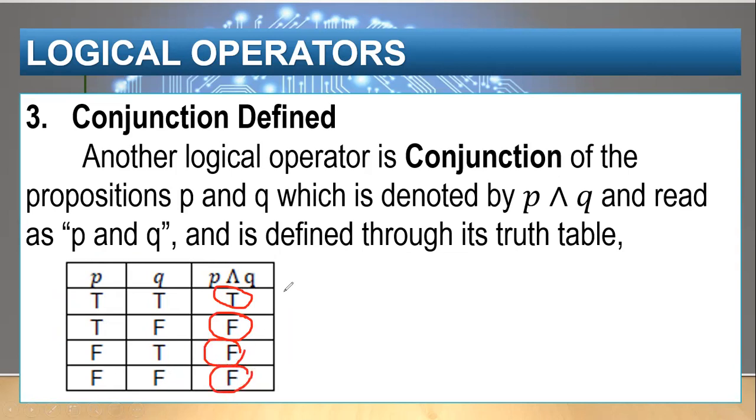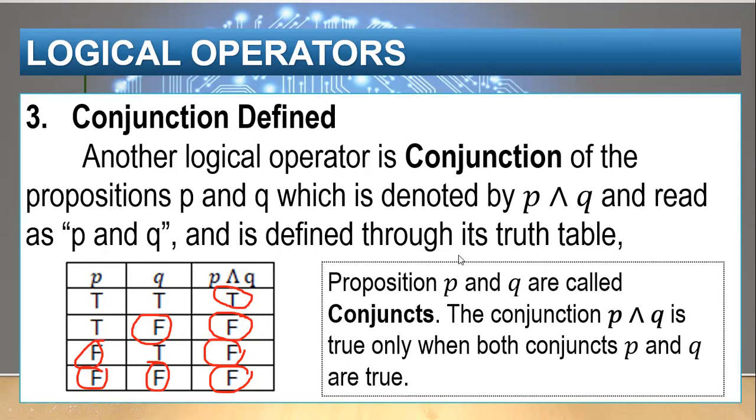So kung mapapansin natin, kapag P and Q pala, no? Pag may nakita tayong F, kahit sino sa kanilang dalawa, either kay P and Q, basta may makita tayong false, so ang conjunction nila is already false. So para siya maging true, dapat parehas true. Okay?